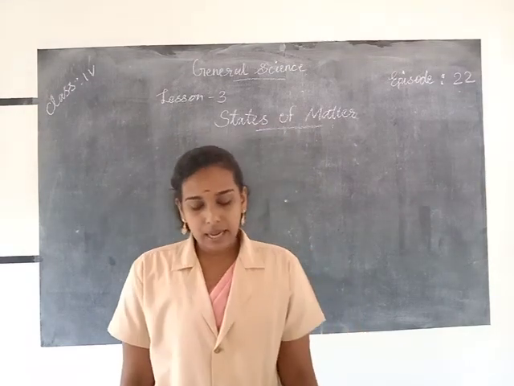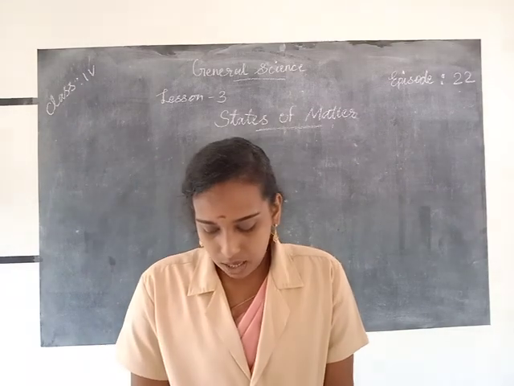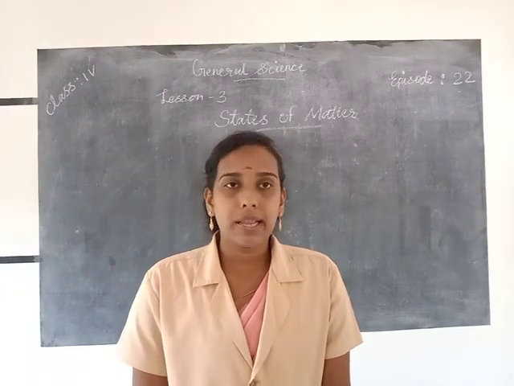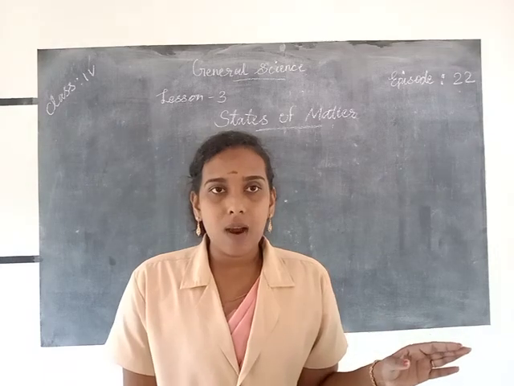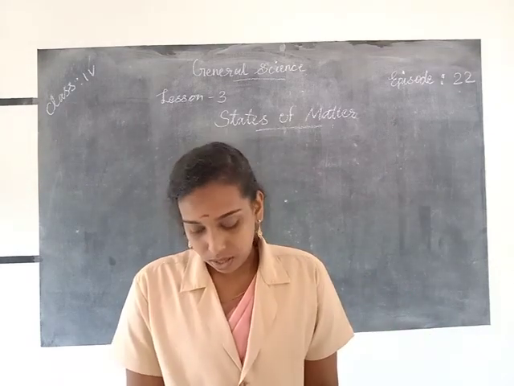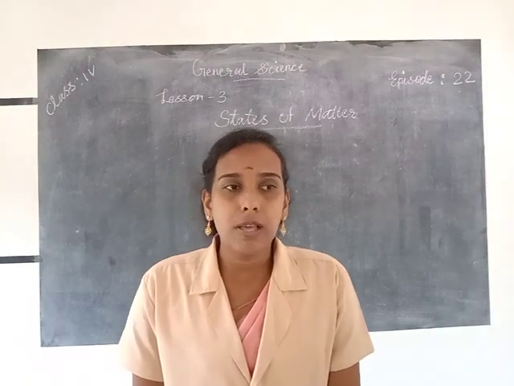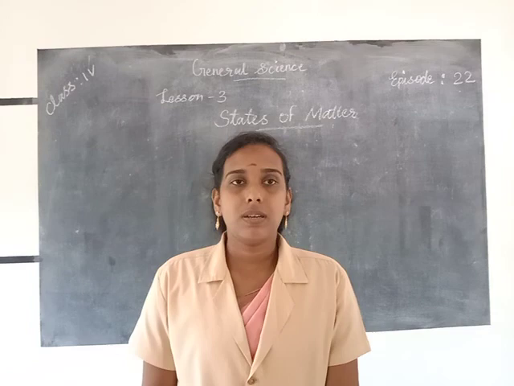Then the second question: all the things that we see around us are one or the other states of matter because they are made up of tiny particles called molecules and they are made up of matter.